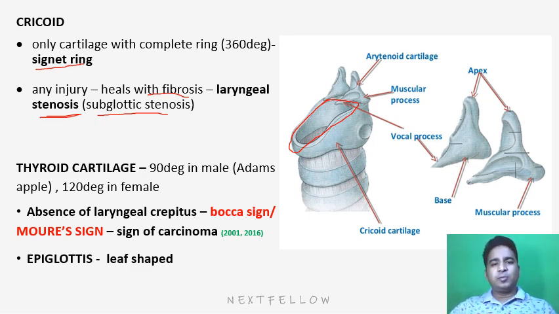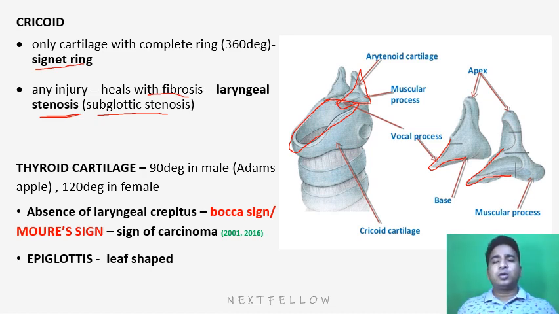And look at this diagram over the cricoid, how the arytenoid cartilage is resting. As you can see, these are the arytenoid cartilages. It has a vocal process on both sides, and these vocal processes are further attached to the vocal ligament, forming the true vocal cords.